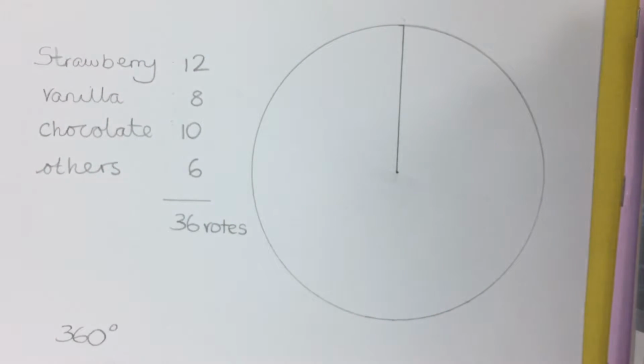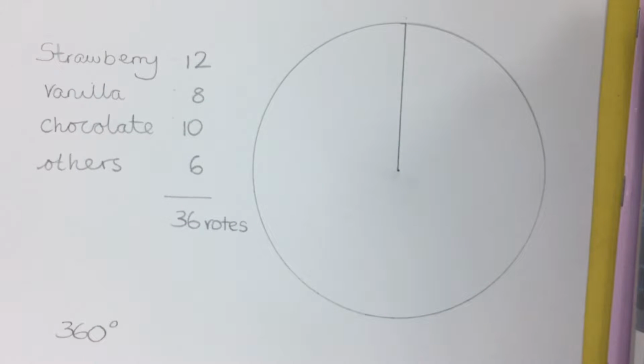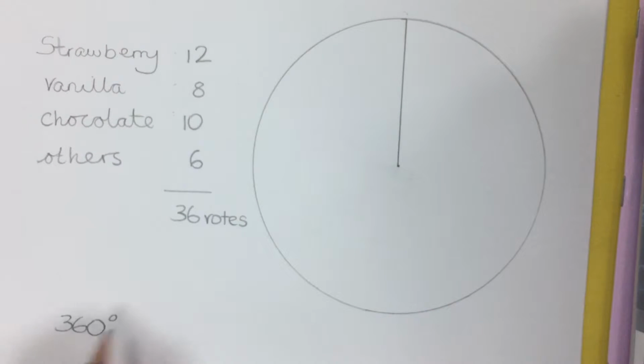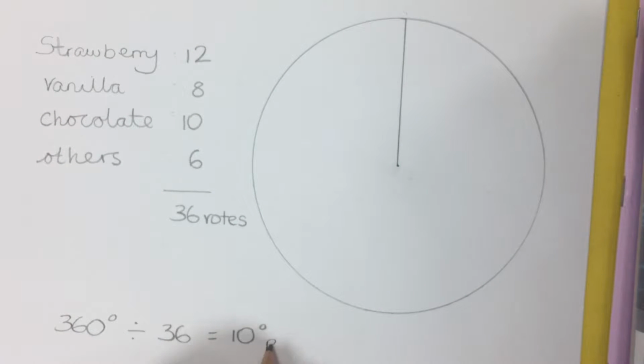So we know that there were 36 votes and 360 degrees in this circle. So what we do is a quick sum, 360 divided by 36, and we know that is 10 degrees. Okay, so every child in this survey is worth 10 degrees. So 10 degrees per person or per vote.